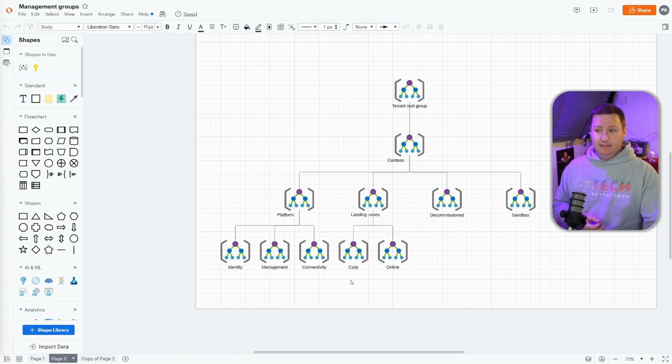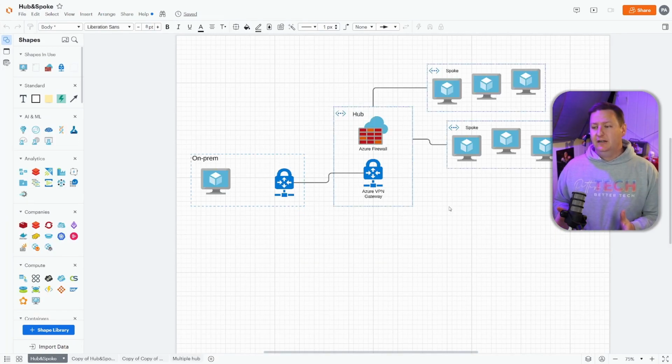Let's take a look at some networking designs. So this is a kind of setup that I've been going on and on about, the hub and spoke setup. And this is a really basic way of defining hub and spoke. It doesn't have to be any more advanced than this, but you have the central hub VNet here in the middle, which I said should be placed in, for example, the connectivity management group.